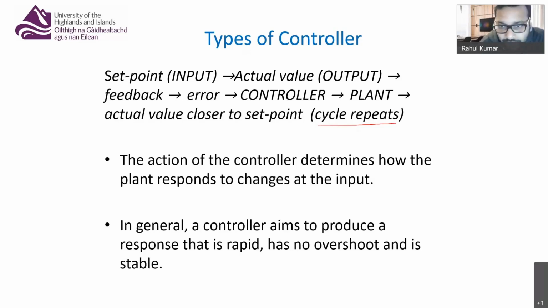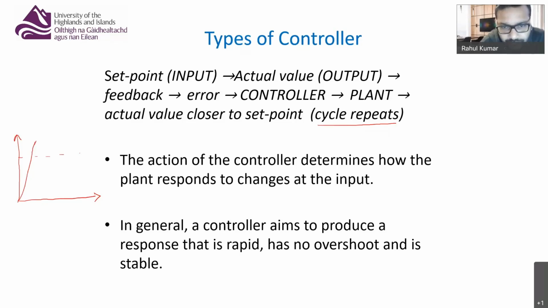So in the first cycle, maybe you have some error, which the controller will try to adjust, and then your error may reduce. We have all seen the response of a control system. In the general response, we do expect some kind of overshoot.